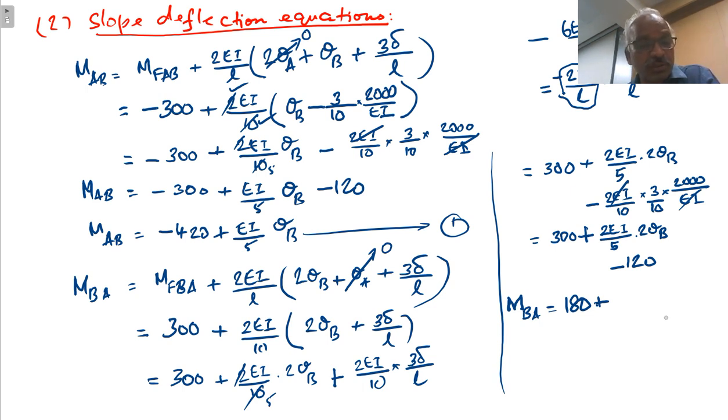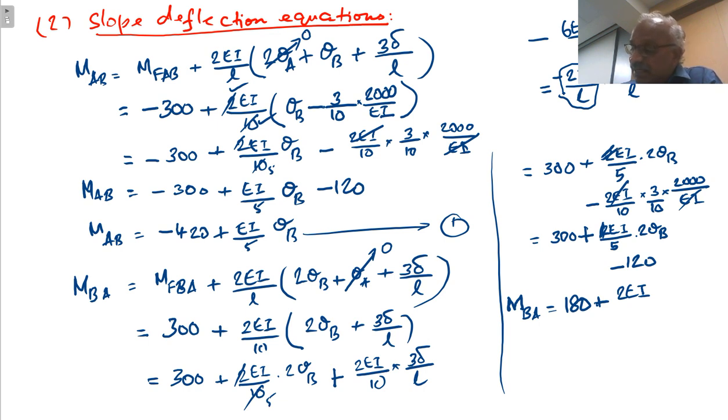MBA equal to, no, this is EI by 5 only. After cancellation this 2 is not there, right? Again there is a small mistake, because this will be 2 by 5. Already we have cancelled here. 2 by 10 is 1 by 5.